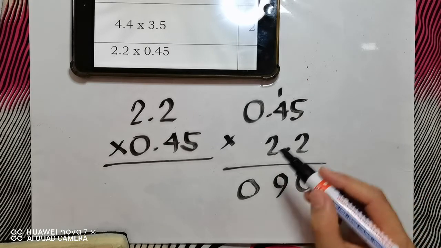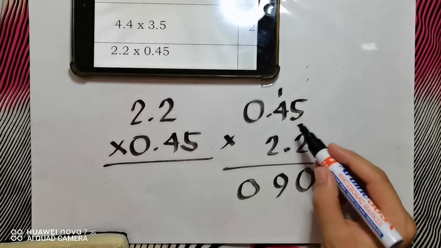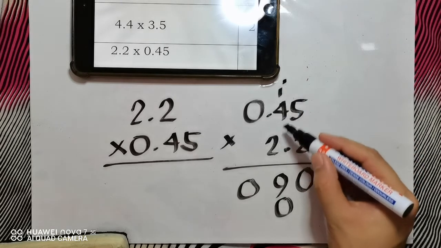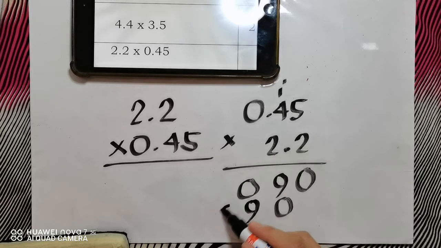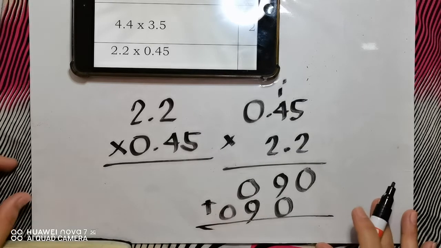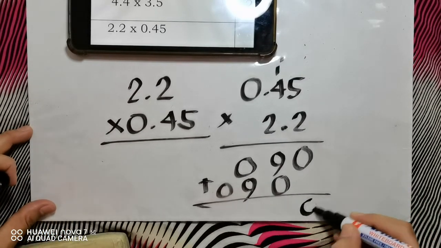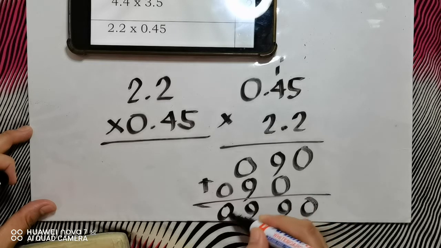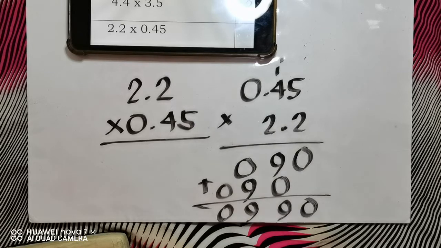So, 2 times 5, you have your 10. Group 1 again. 2 times 4, that's 8 plus 1, you have 9. 2 times 0, so 0. Okay, so 0, 9, 9, 0.